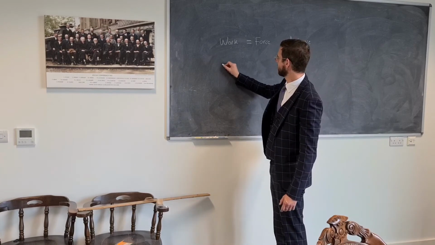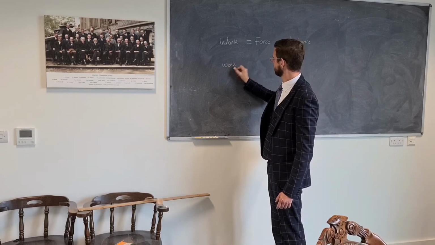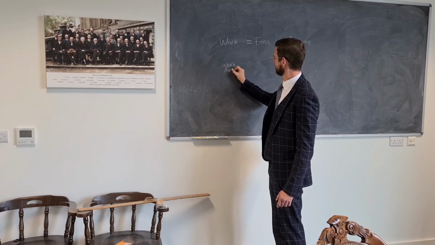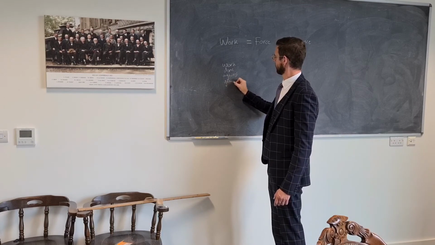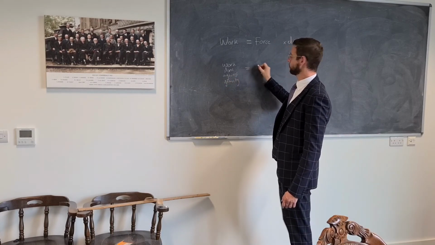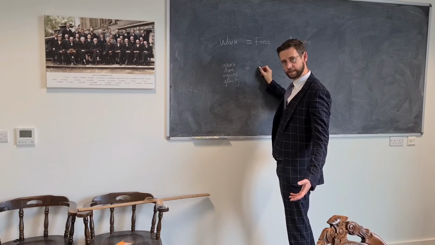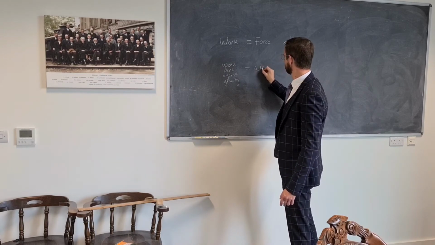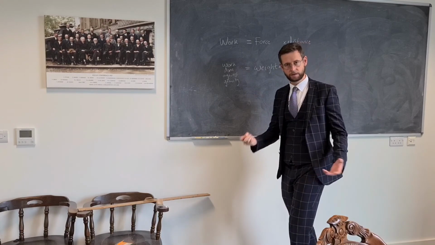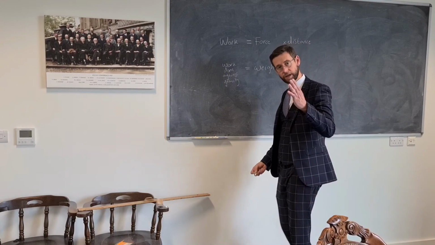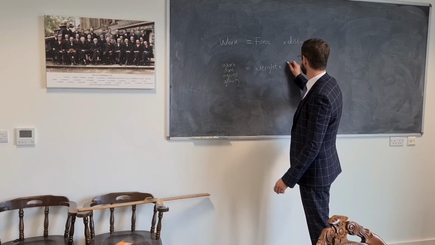So the work done against gravity is equal to the force of gravity acting down on Rapunzel, which is her weight, multiplied by the distance through which she's been pulled. And what matters is the vertical distance, which we would call the height.